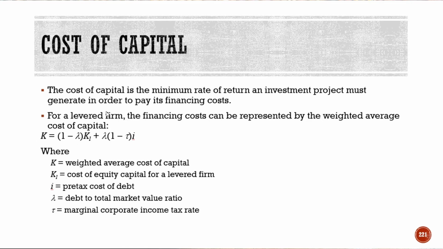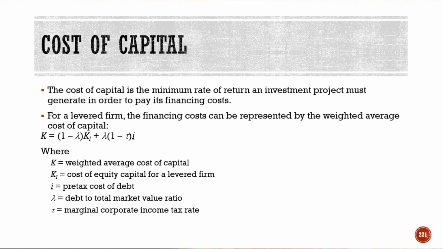One equation that is used is where K equals the weighted average cost of capital, and K1 will be the cost of equity capital for a leveraged firm, and I, right there, is the pre-tax cost of debt, and then the debt to total market value ratio and marginal corporate income tax rate.